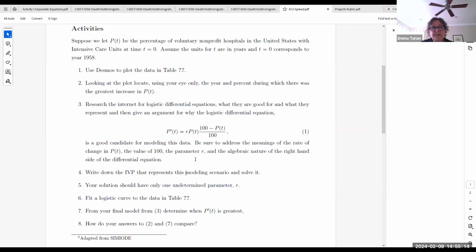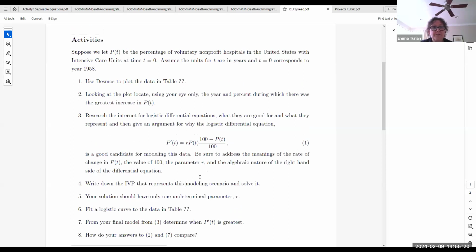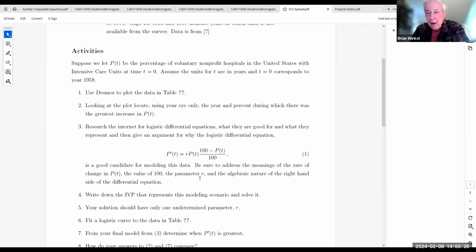So the parameters, do they guess the parameters based on the data? I think the question is how much parameter estimation are you asking the students to do? Right.